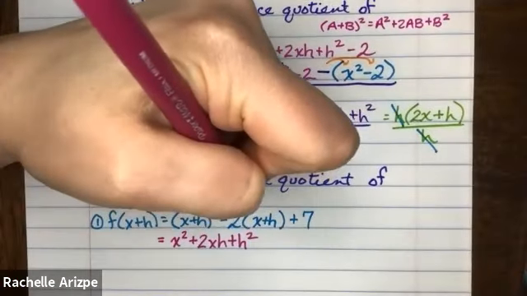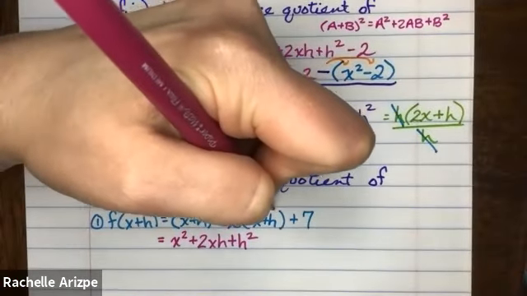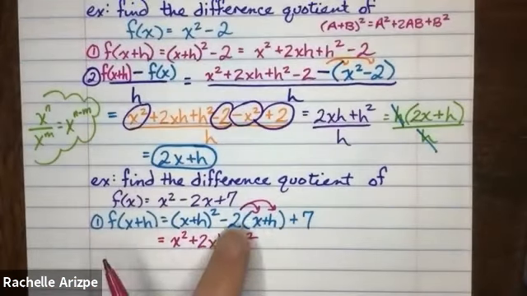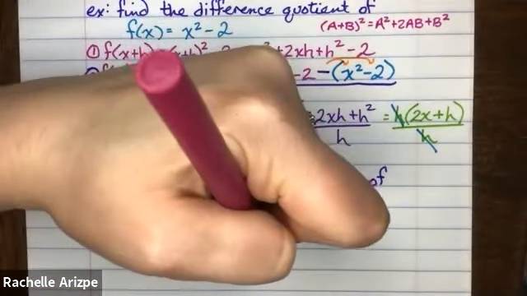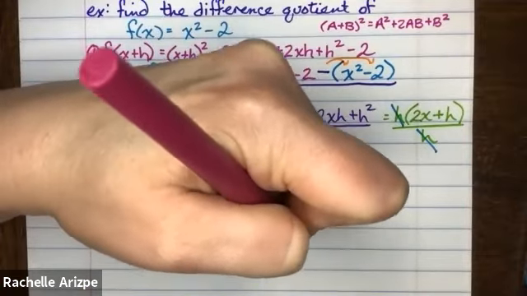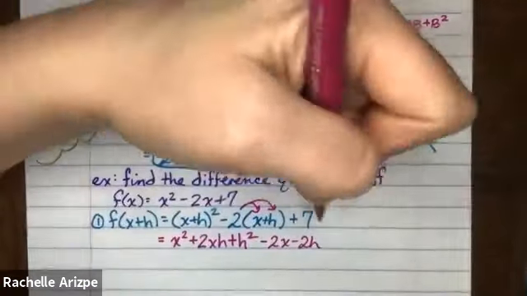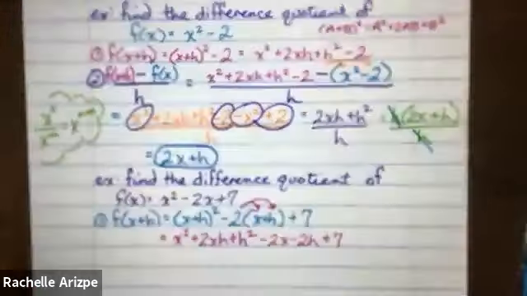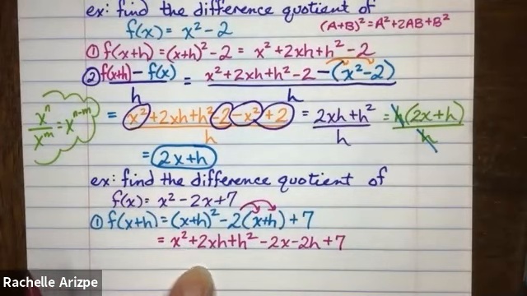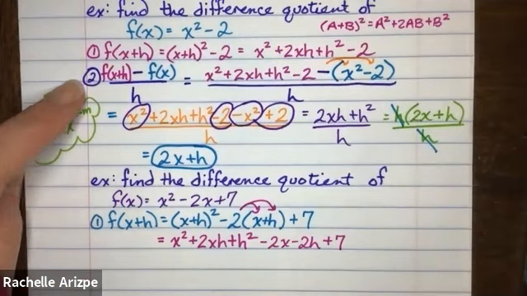And in this second term, I'm going to distribute this negative 2 to each of these variables. So I can write minus 2x minus 2h. And then at the end, I'm going to write plus 7. If I can combine any like terms, I do, but it turns out with all these terms, there are no like terms. So let's move on to step 2.